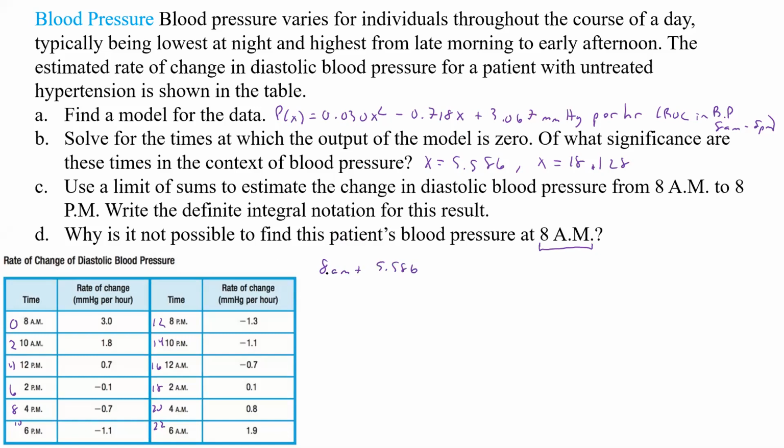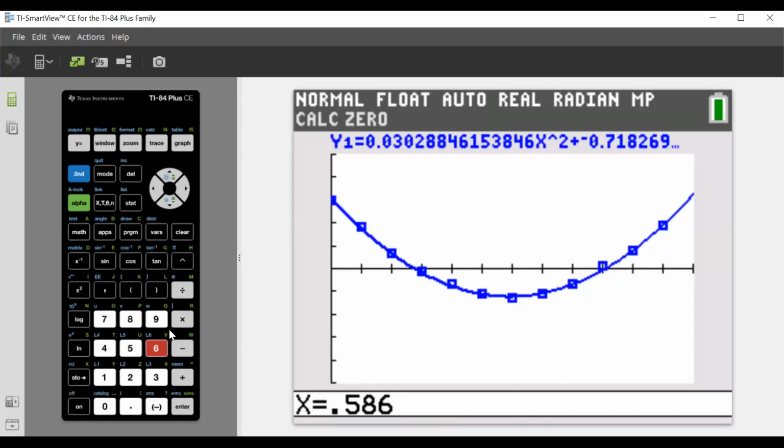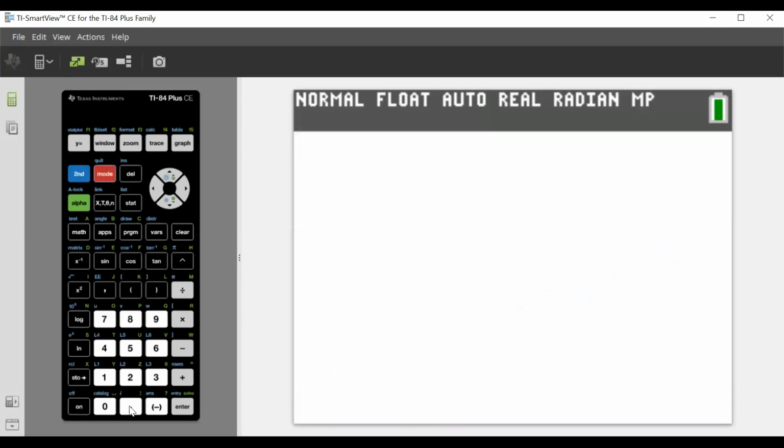5.586. Well, we can take 8 plus 5, and that's going to be 13, which is 1 o'clock if you do military time. We can keep it that way. And now we have to take 0.586 times our 60.